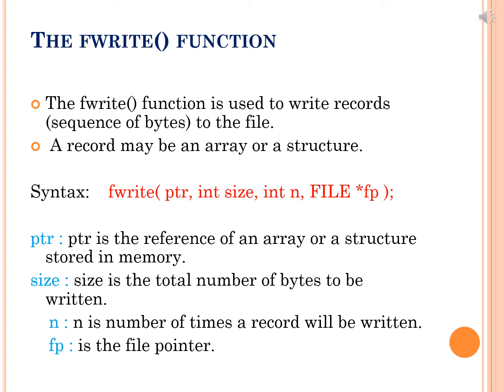A record may be any complex structure like an array or a structure, and the syntax is fwrite with 4 arguments. ptr refers to the array or structure stored in the memory. Int size specifies the size of a single record, the number of bytes to be written, and int n represents the number of times a record will be written, and fp is the file pointer.